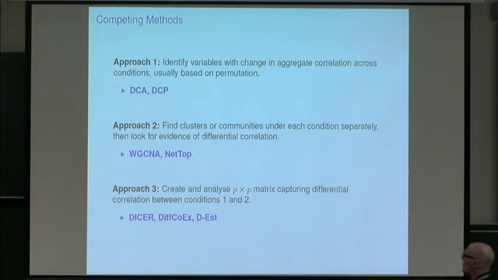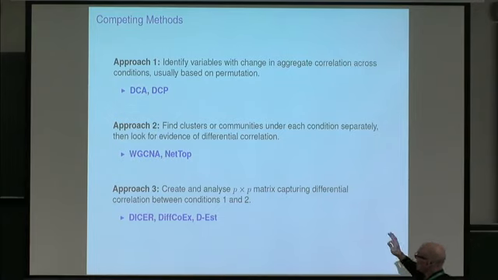So one approach looks at identifying variables that have a change in aggregate correlation across conditions, right? Which is a little bit like what you were suggesting. So you look at the variable in condition 1 and you look at its row of the correlation matrix and you compare that row with the same row under condition 2, right? And so that gives you a ranked list of variables, but it's not finding you a DC set exactly.